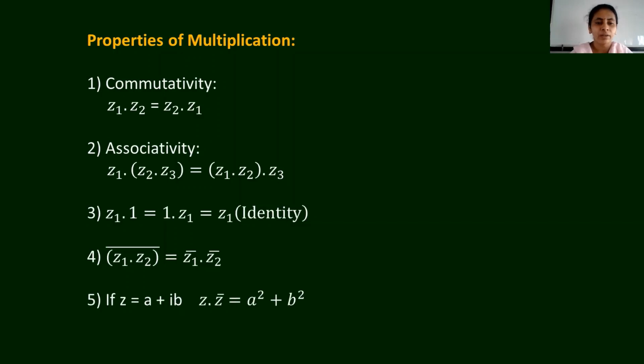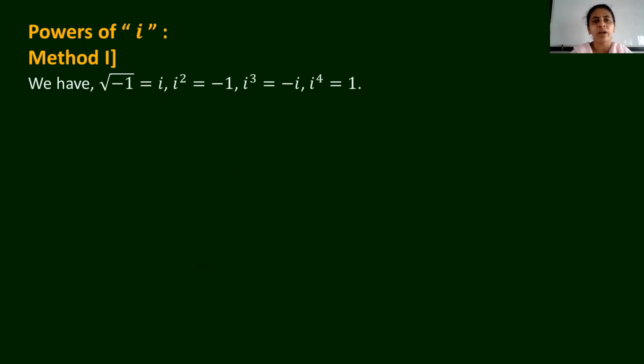Now we will see the next concept, that is powers of i, which is related with multiplication. There are two methods to find out powers of i. First method: we know that root of -1 is equal to i, and therefore i square is equal to -1, i cube is equal to -i, and i raised to 4 is equal to 1.